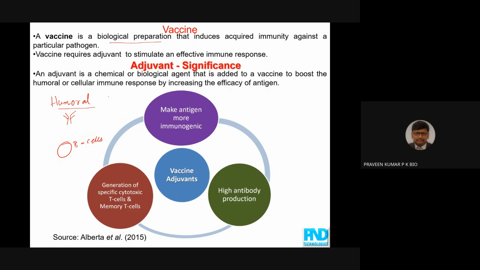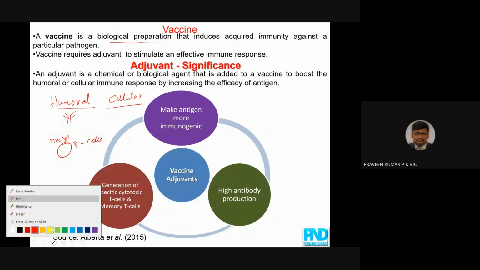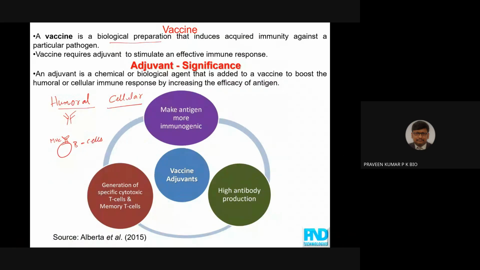There is one more immunity called cellular immunity. In cellular immunity, B cells are generally considered antigen presenting cells. On the surface there is a receptor called the major histocompatibility complex, and in that surface protein an antigen is present.